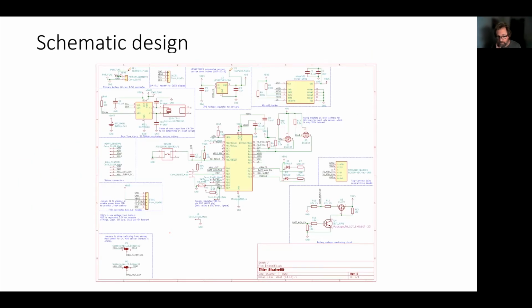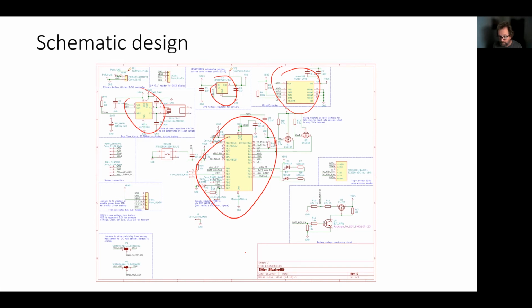And on this slide here, I don't want you to actually be able to read anything, but this is the whole schematic, including things like in the center here, the microcontroller chip itself that then has connections going out to all the various peripherals, like our real-time clock, our voltage regulator, our micro SD card, and so forth. So once all of that is laid out, and again, there are plenty of tutorials to show you how to do this, you've got the rule set that's going to define how this thing should be connected electrically.